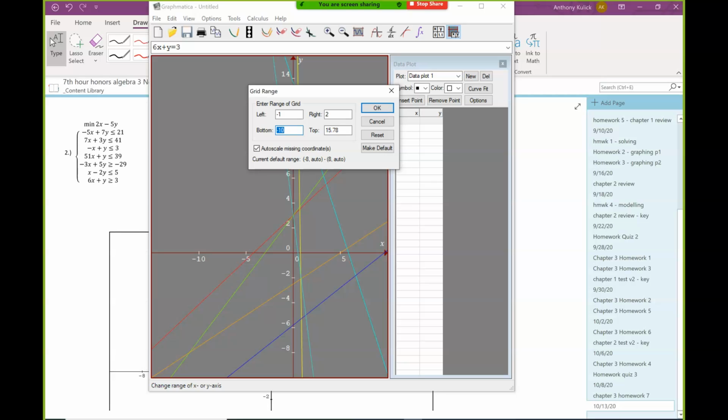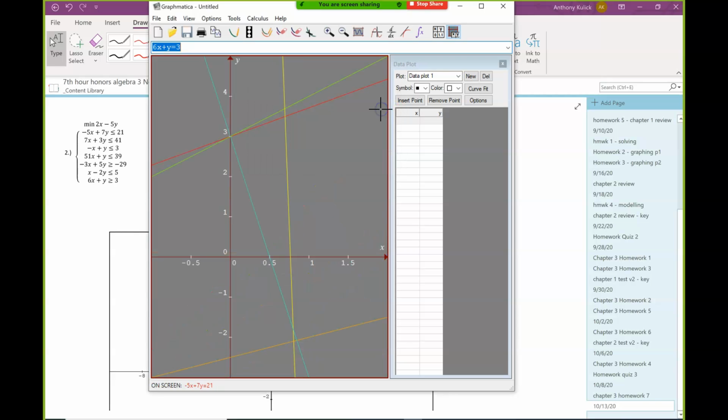And then we said negative 3 to positive 5 maybe, that should be good. So we're looking at this triangle right in here. So let me copy that.